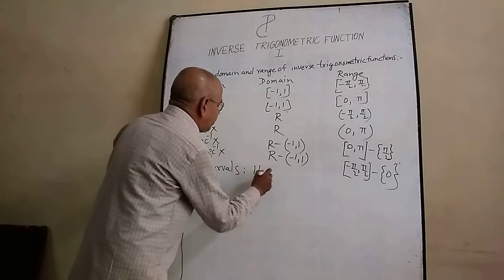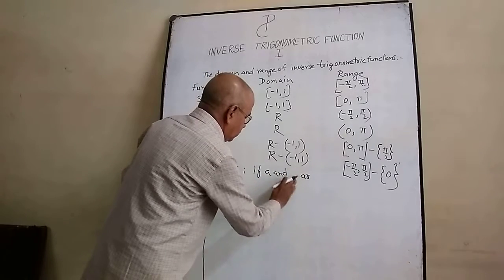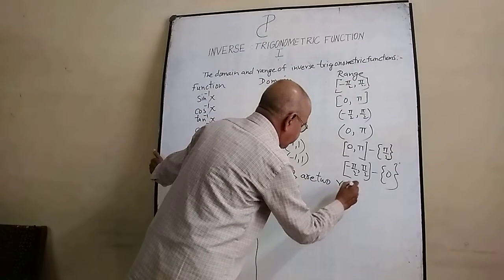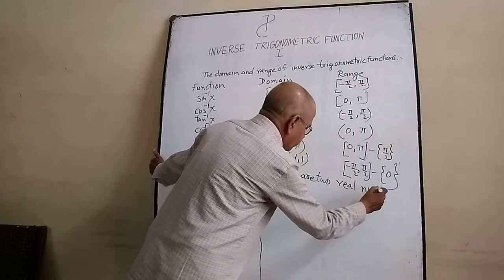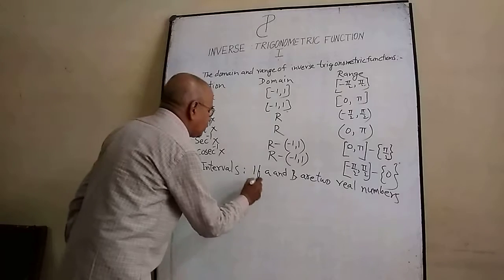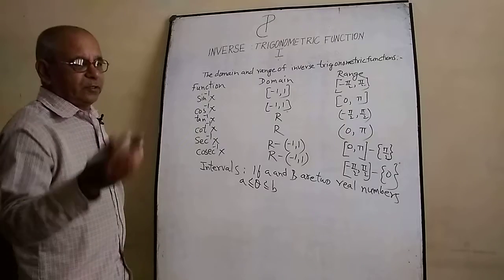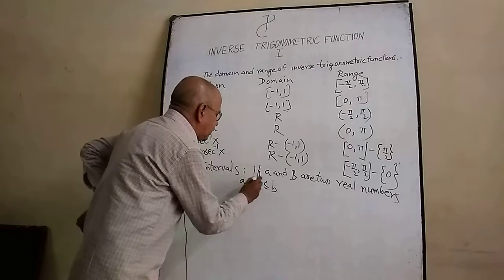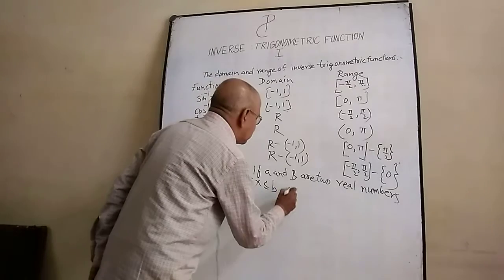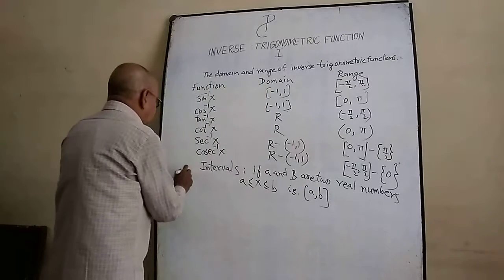If a and b are two real numbers, and if any angle, that angle we can say theta, is greater than or equal to a and less than or equal to b. Or if you think that it's very difficult for this theta, you can take any notation. x is greater than or equal to a and less than or equal to b, or this is represented as [a, b], and this is called a closed interval.